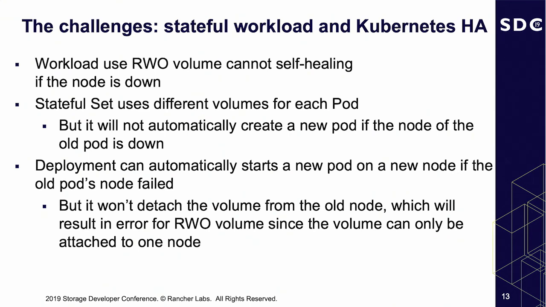When you're familiar with Kubernetes deployments, you say, I want three replicas for this pod. One pod is down, Kubernetes will spin up another one for you. But in the case of a stateful set, Kubernetes will do nothing if that node is down. You have to manually delete that pod or that node for Kubernetes to attempt to respin that pod.